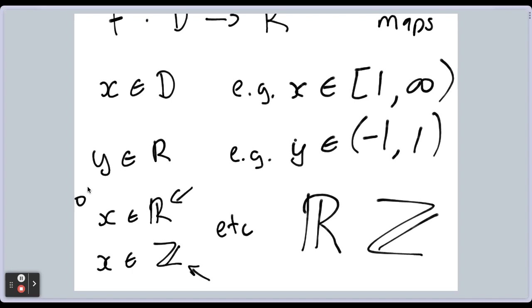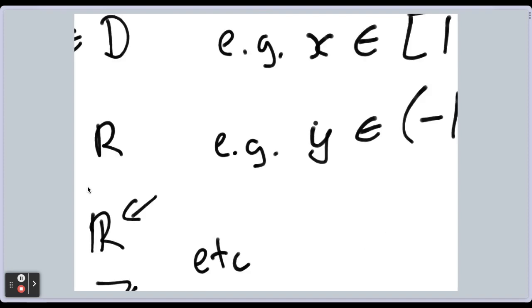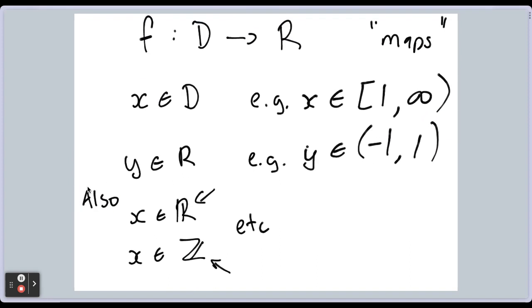So that's how you write them, and this is what it means. I should write the word set there, but this is the set of real numbers. This is the set of integers.